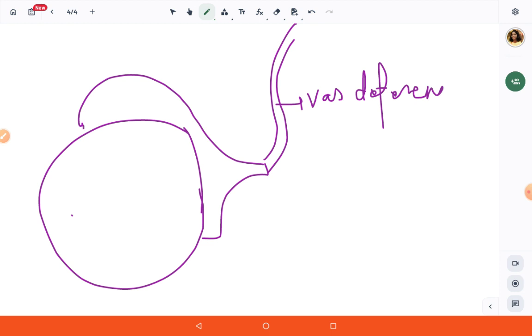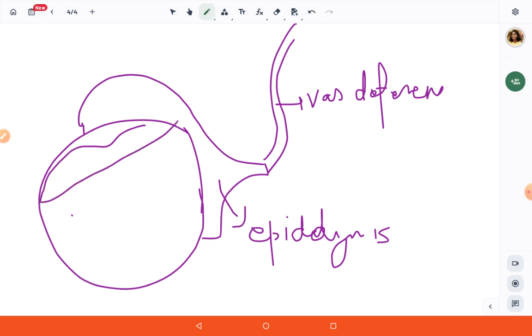Now remember that these germ cells are covered by germinal epithelium. This testis has a covering that we call the epididymis. And there are many testicular lobules present in it.